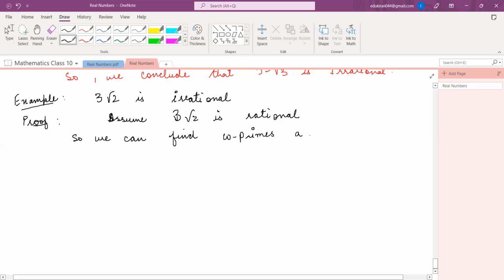A and B such that 3 root 2 is of the form A by B. So I've directly written coprime. I'm not using the term like obviously A and B are integers, but I've also included another term which is coprime.